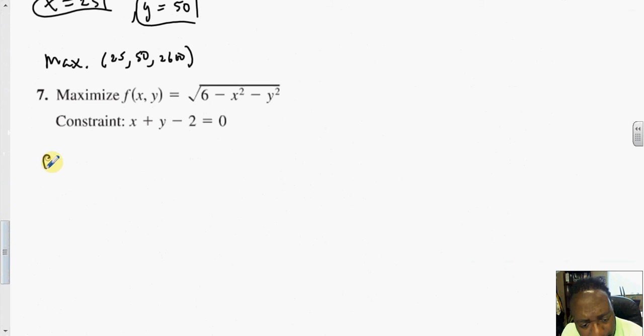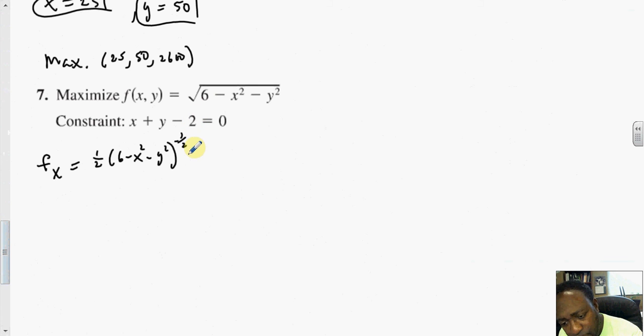All right. Find the partial of f with respect to x. Get 1/2 times 6 minus x squared minus y squared to the negative 1/2 times the derivative of the inside with respect to x. This is negative 2x. So we simplify that.